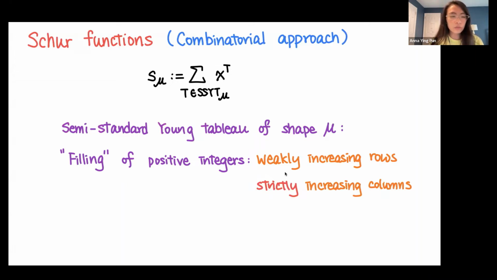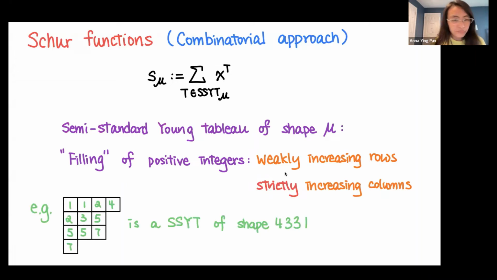And here I'm going to use the English notation. So this is an example of a semi-standard Young tableau of shape 4331 because there are 4 boxes in the first row and then 3 boxes in the second row and so on. And you can see that rows are weakly increasing and columns are strictly increasing.